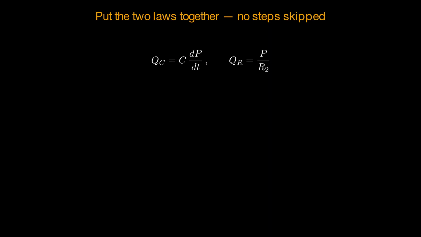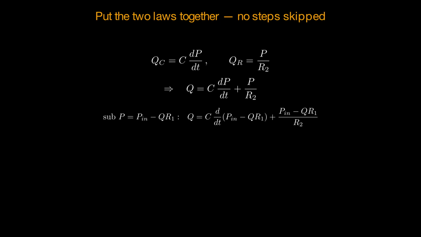Now name those two currents. The current into the compliance is its size times how fast the pressure is rising. The current through the distal resistance is just Ohm again, pressure over that resistance. Together, the flow at the node is compliance times the rate of change of pressure, plus pressure over the distal resistance. Now fold in the first law. The node pressure is P_in minus Q times the proximal resistance, so substitute that in everywhere.